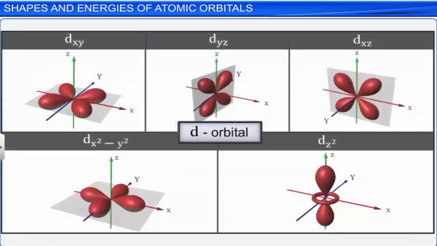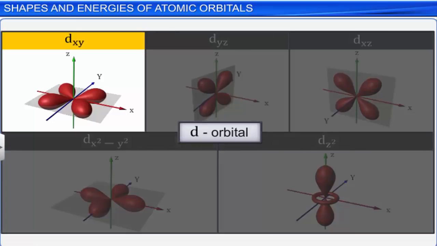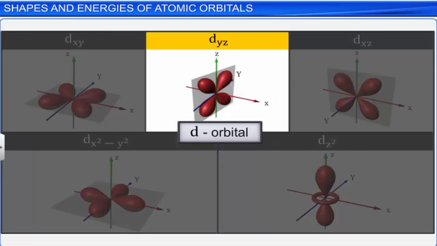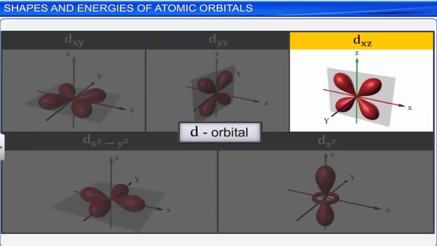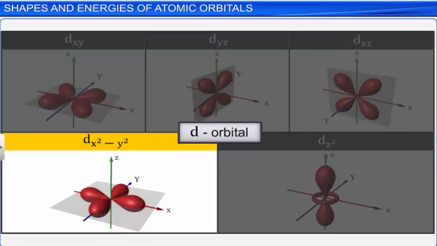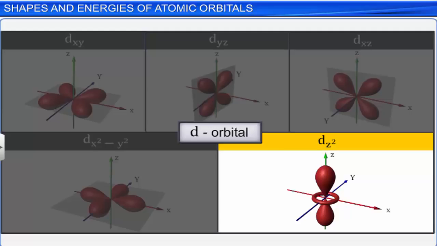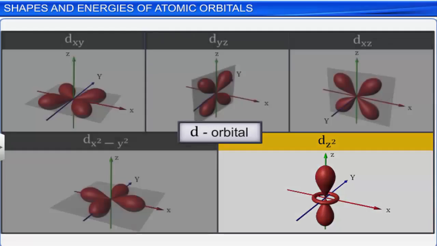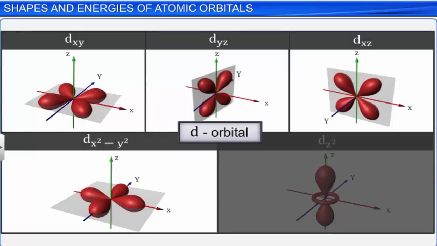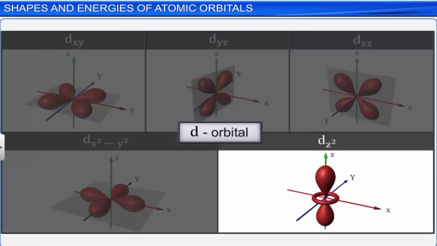The boundary surface diagrams pertaining to these orientations, designated as dxy, dyz, dxz, dx²-y², and dz², are shown. Note the similarity in shapes of the first 4 d orbitals, which are different from the 5th orbital, dz². The shape of dz² is donut shape.